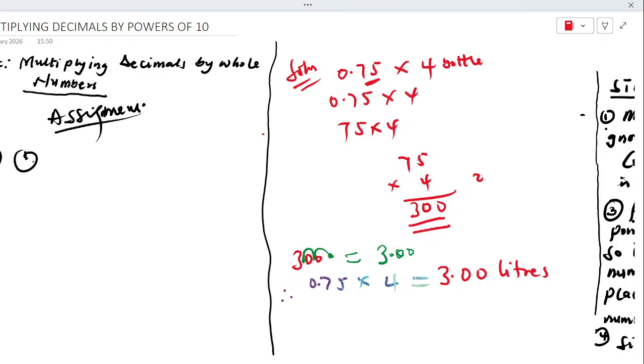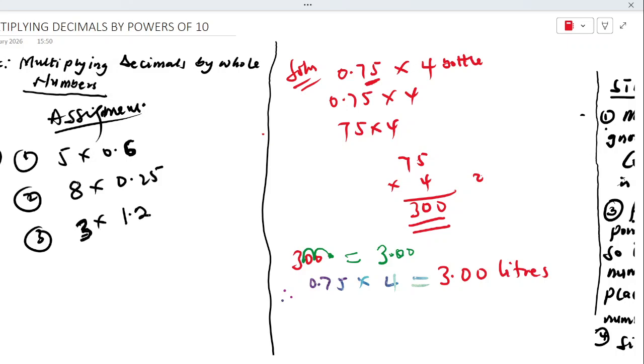For assignment number 1, we have 5 times 0.6. Then assignment number 2, we have 8 times 0.25. And then assignment number 3, you have 3 times 1.2.